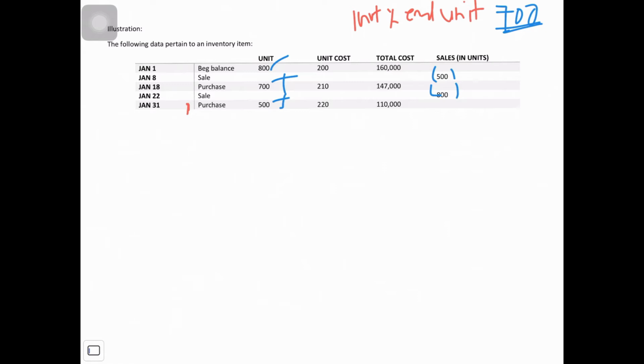In FIFO, guys, as I told you, since first in, first out, what is left is the inventory end. So, how many is the latest, guys? 500. What is the cost of the 500? 220. So, that is what you will multiply. And then, our units is 700. So, you are short 200. So, you take 200 from the purchases above it, which is the 700.